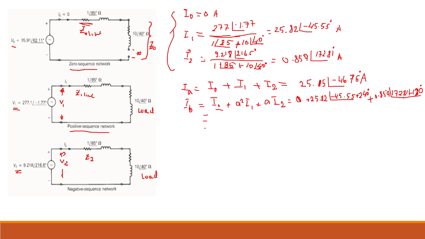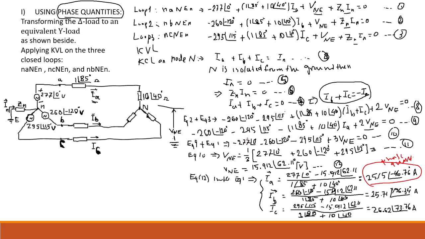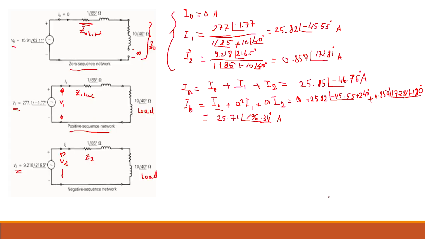IB in this case equals 25.7 with an angle of 196.34 degrees, in ampere. This is the same as we got when calculating IB using the phase quantities.